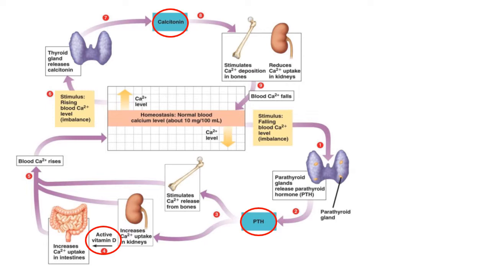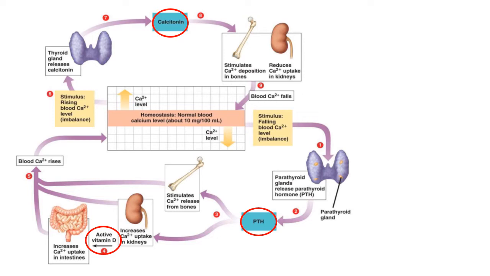Increase in parathyroid hormone stimulates the release of calcium from the bone, increases calcium reabsorption in the kidneys, generates more of active vitamin D in the kidneys, generates more of calcitriol in the kidneys, which in turn increases the absorption of calcium from the intestine. So a decrease in calcium triggers a number of pathways which helps restore calcium levels to normal.